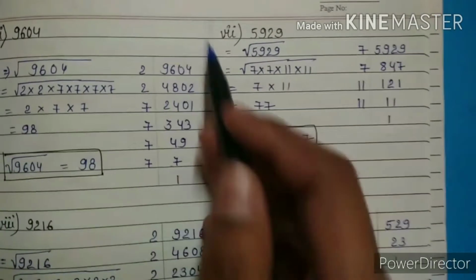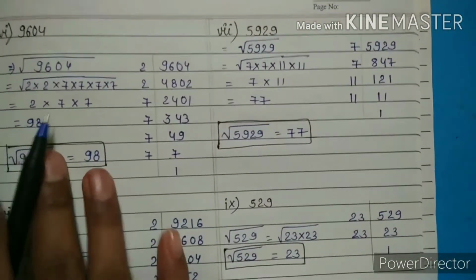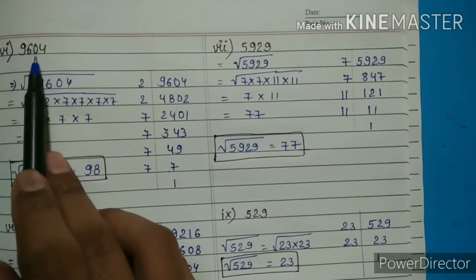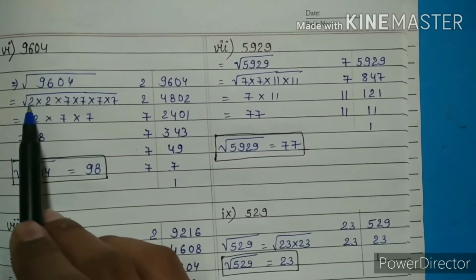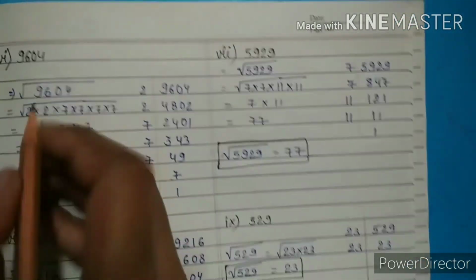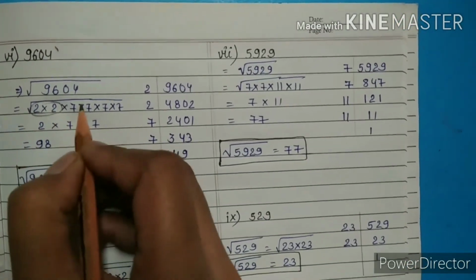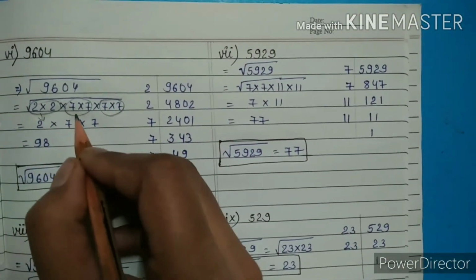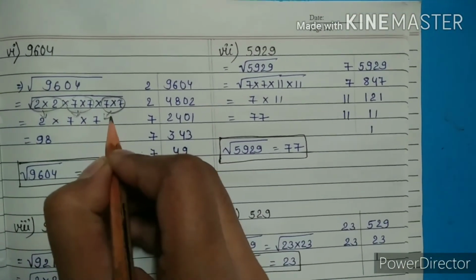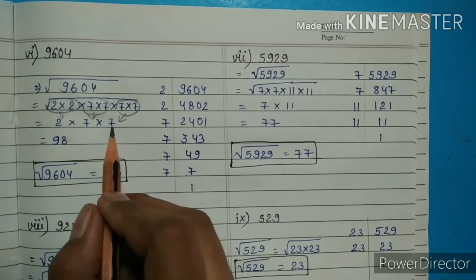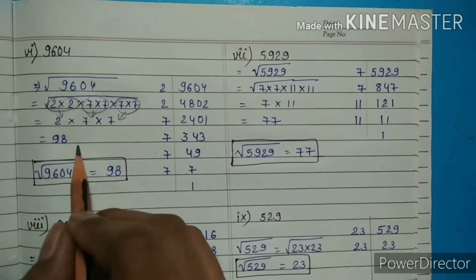Sixth, I already solved all the things. Now the question is 9604. Its factors are 2, 2, 7, 7, 7, 7. So here we have the pairing of 2, 2, 7 7, 7 7. So this will give one time 2, this 7 7 will give one time 7, and this 7 7 will give one time 7. So 7 7s are 49, and 49 into 2 is 98.